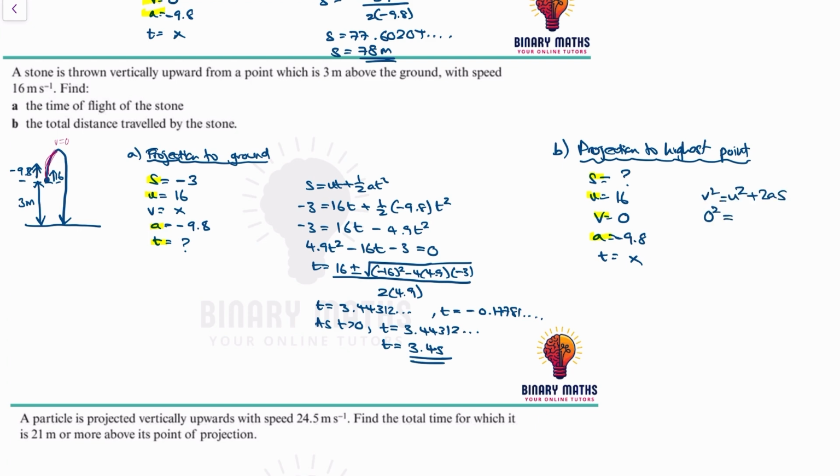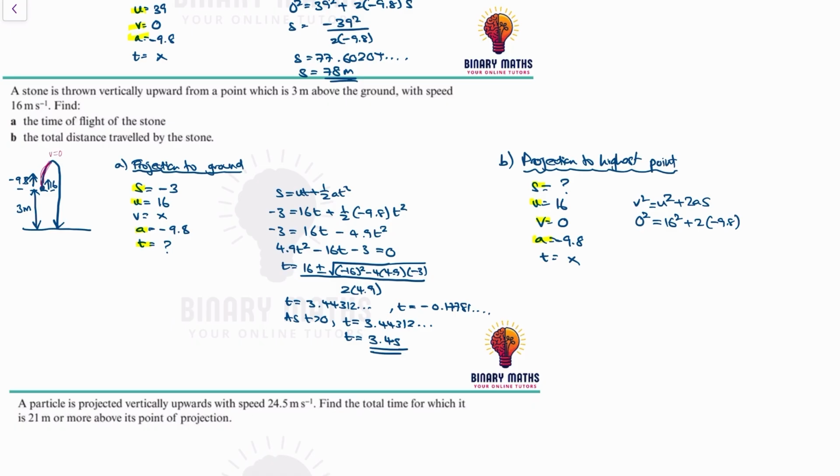So 0 squared is equal to 16 squared plus 2 times minus 9.8 times S, which means S is equal to negative 16 squared over 2 times minus 9.8, which gives a value of S is equal to 13.06122, and so on.